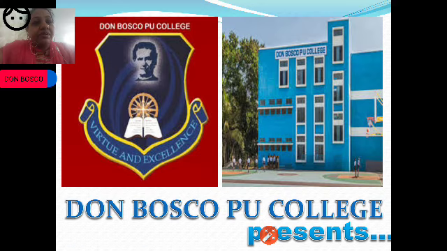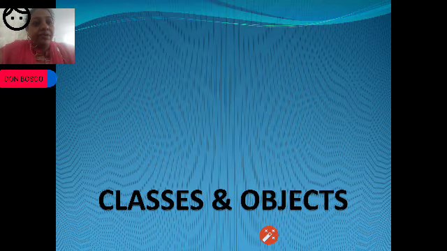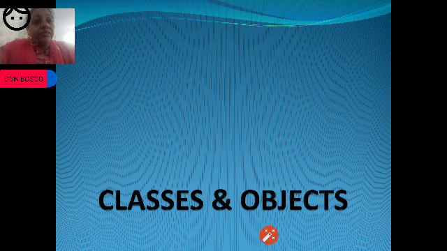In the previous class, we had also discussed the advantages of object oriented programming, the drawbacks of object oriented programming, and also the applications of object oriented programming, and the drawbacks of previous programming techniques which have been overcome in object oriented programming. We had also had a discussion on OOP characteristics.